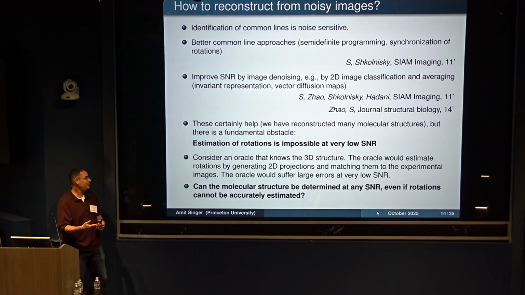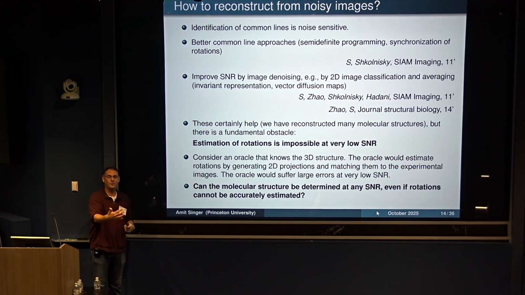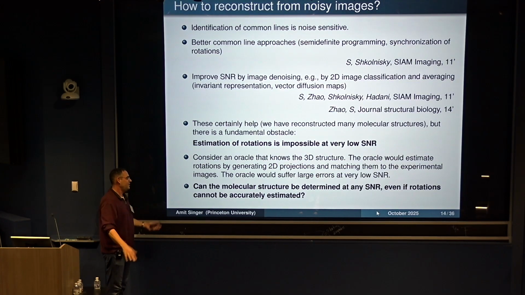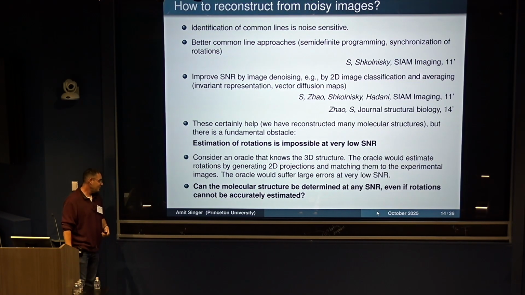So what the oracle would do, it will just generate clean 2D projections of the molecule and then try to match the noisy experimental images with those clean projection images. But because the images are so noisy, any metric that the oracle would use will give you very huge fluctuations, and because of the noise in the images, the estimation of rotation would just be very poor, okay? So if the oracle cannot do it, essentially my algorithms will not be able to do it.